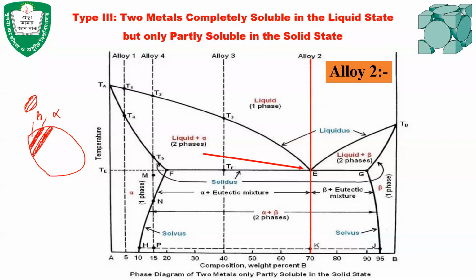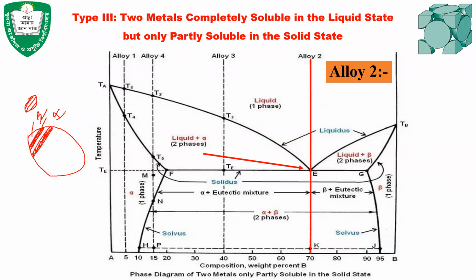In the case of type 2 diagram, we have seen that it will be like metal A and metal B, but in the case of type 3 diagram, it will be alpha and beta solidified side by side. Now first we have determined the chemical composition of alpha just after solidification.